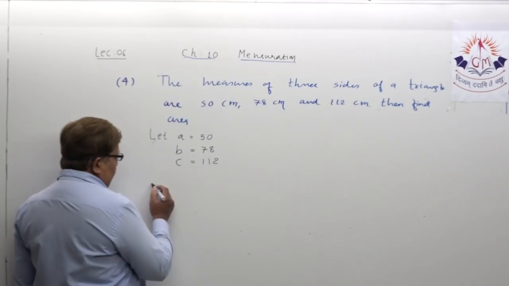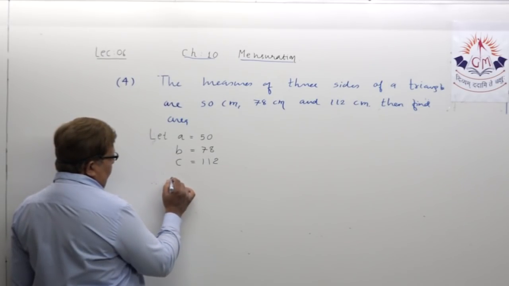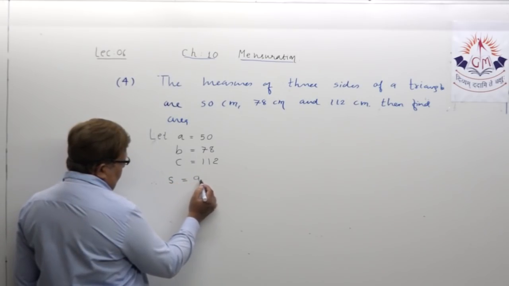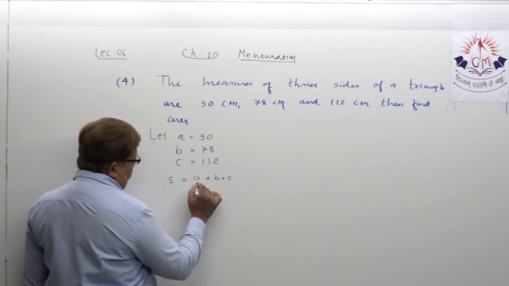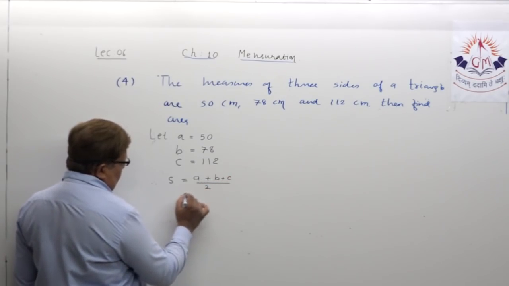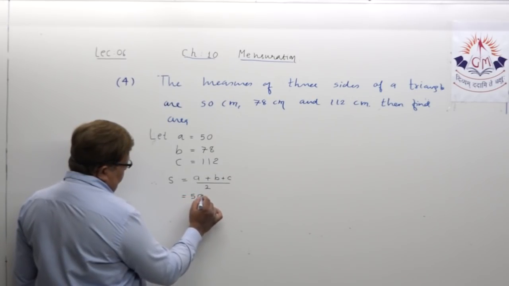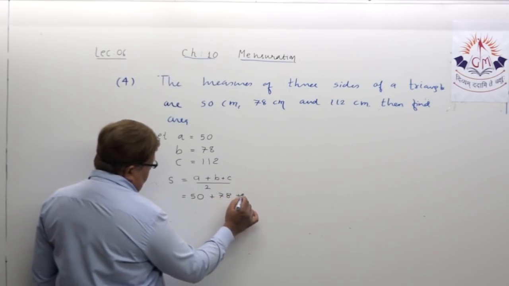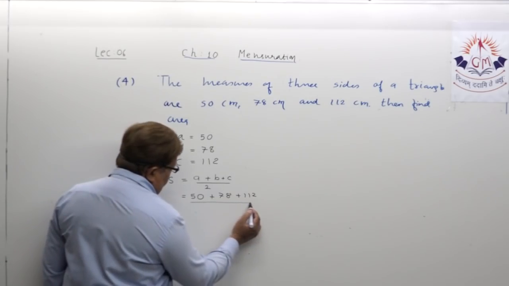Okay. Let us find the semi-perimeter. S equals A plus B plus C upon 2. Let us add 50 plus 78 plus 112 upon 2.